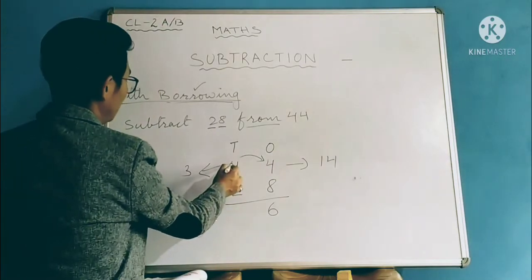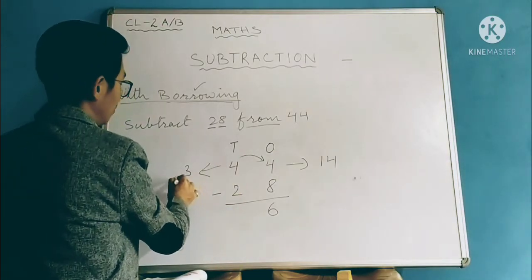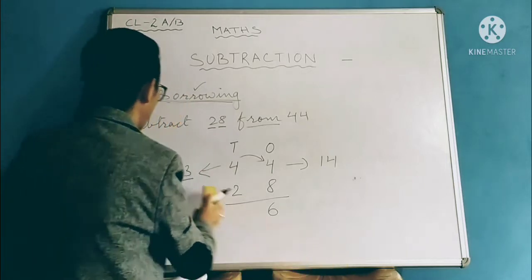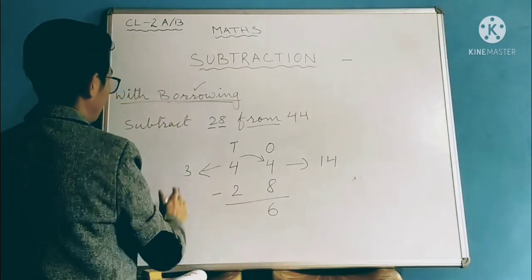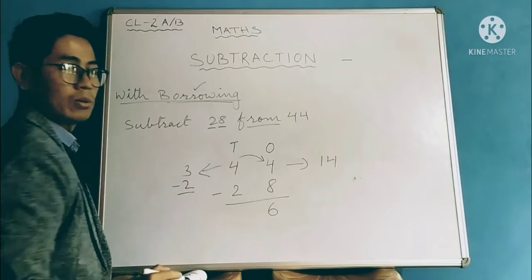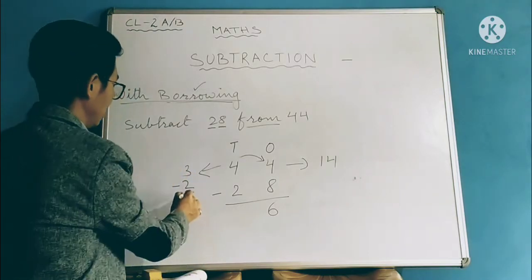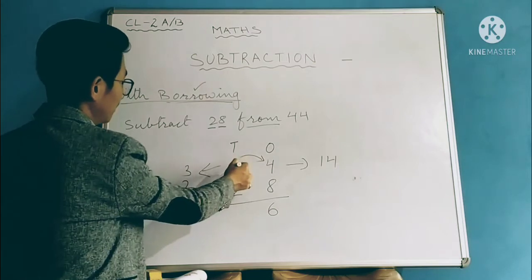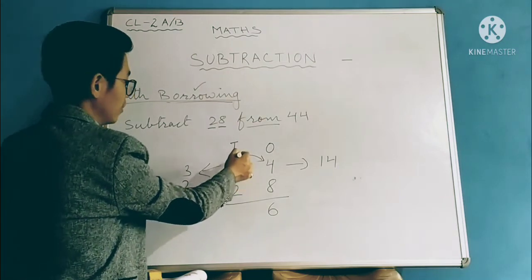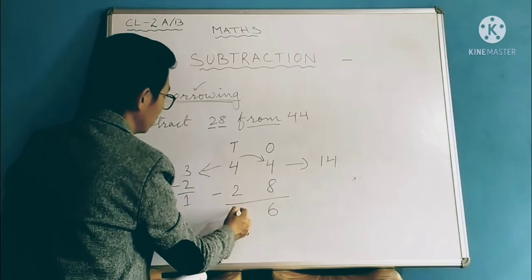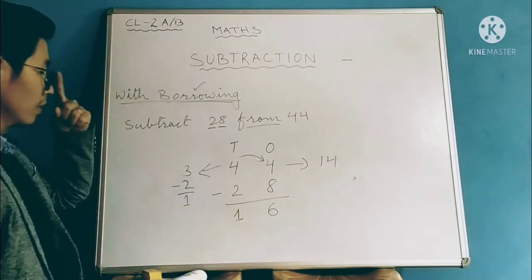So the number which is left here is 3. So it's like 3 minus 2. 3 minus 2 is 1. You need to see 3 minus 2, not 4, but 3 minus 2 is 1.